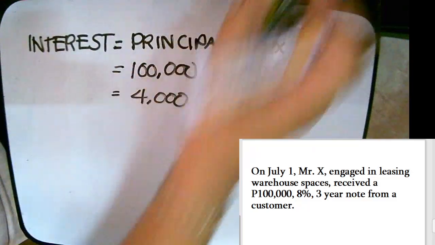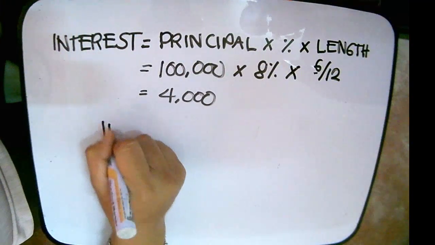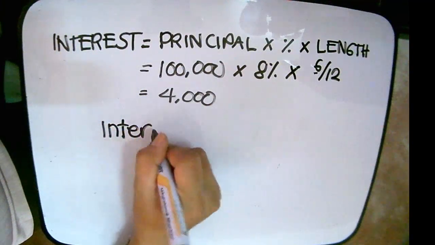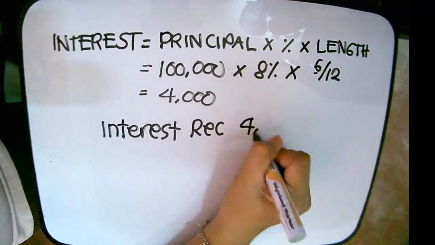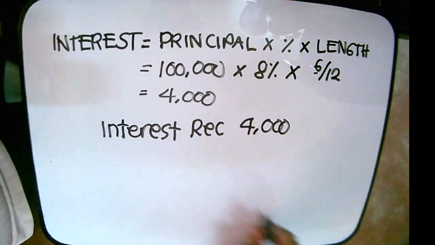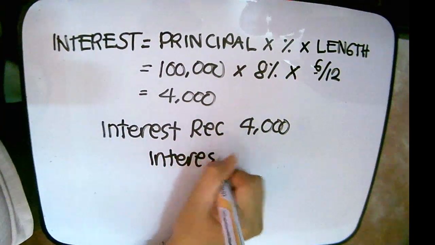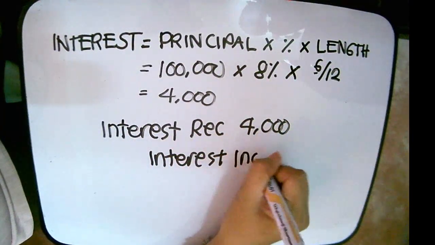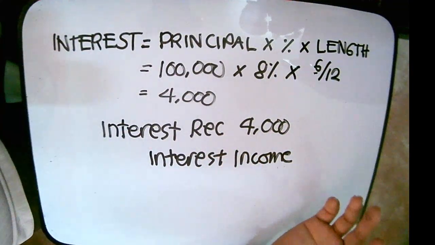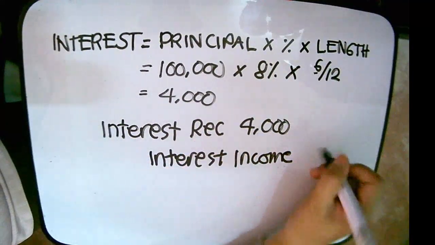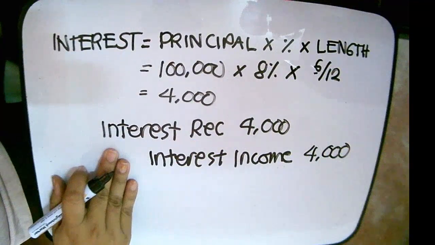So, yung magiging entry natin for this, debit tayo ng interest receivable of 4,000. And then, credit tayo ng interest income. We record the income when earned regardless of when received. Kaya nga receivable pa natin siya. Nire-record na natin siya as income at hindi pa natin natatanggap yung pera.